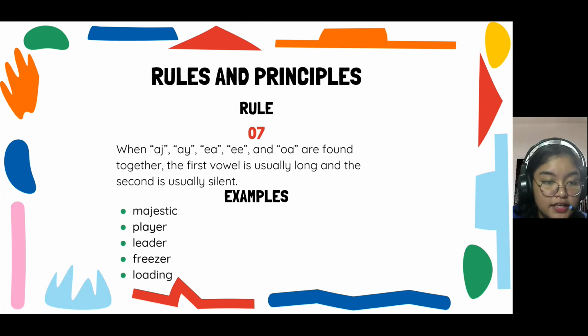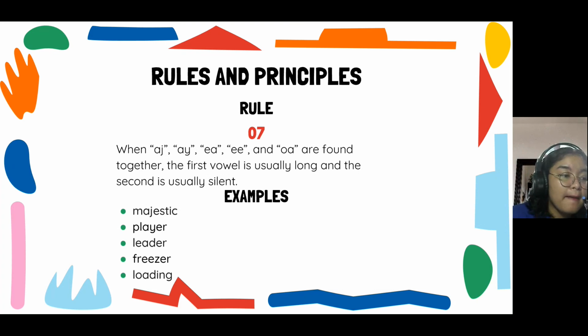And then the next rule is rule number 7. When A, I, E, and O are found together, the first vowel is usually long and the second one is usually silent. We pronounce it as in silent.